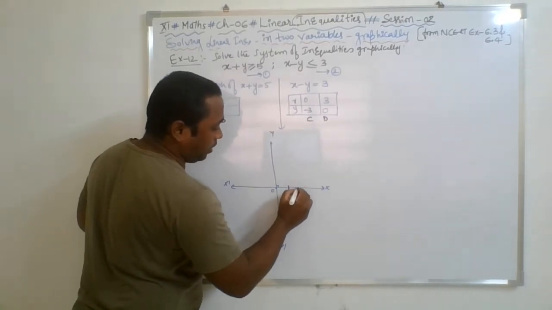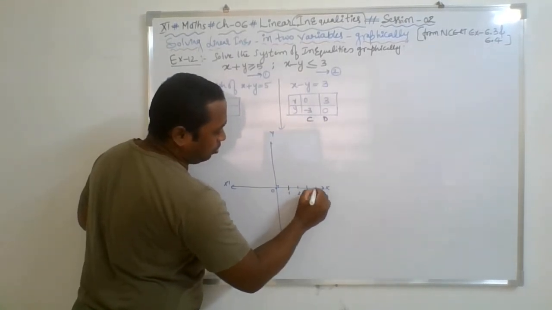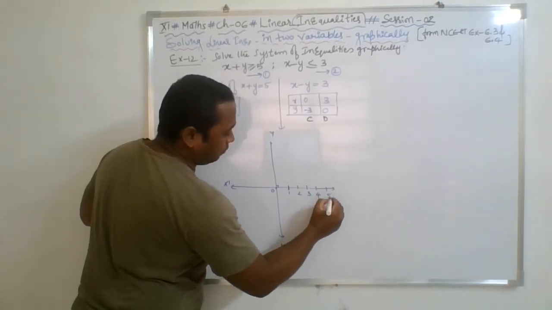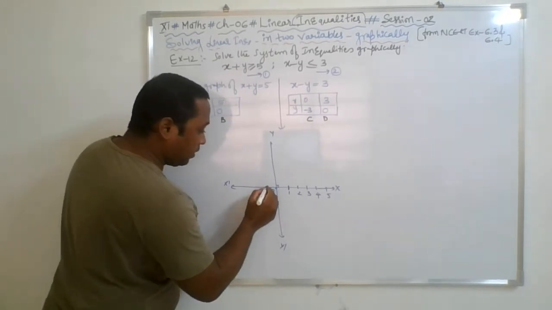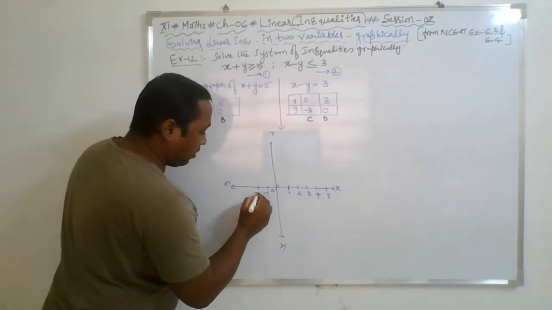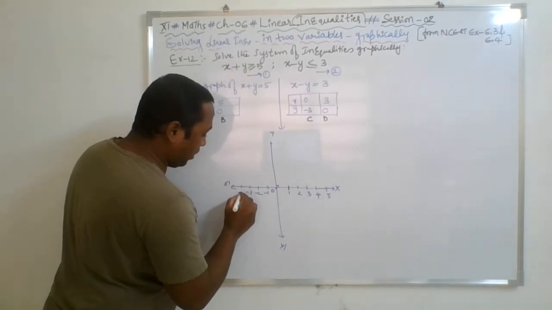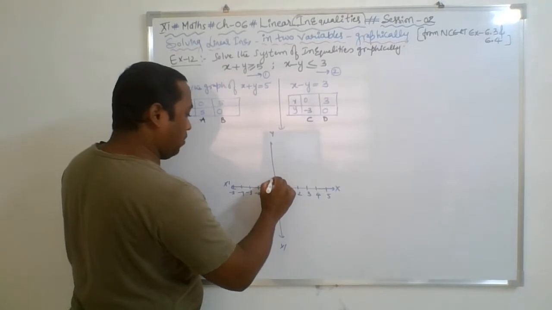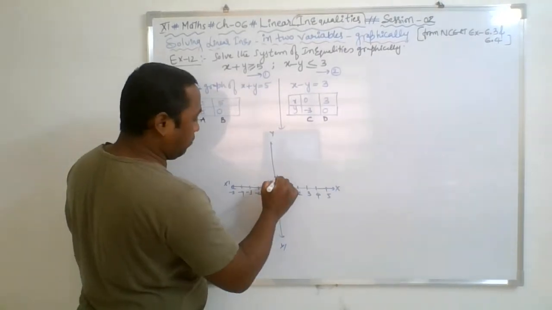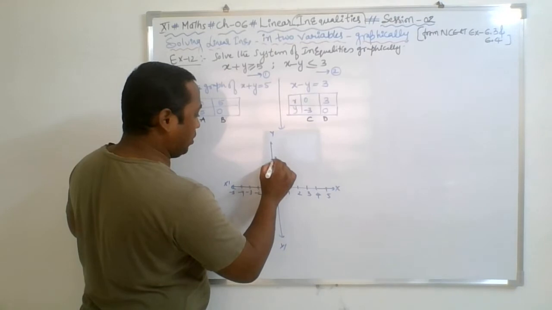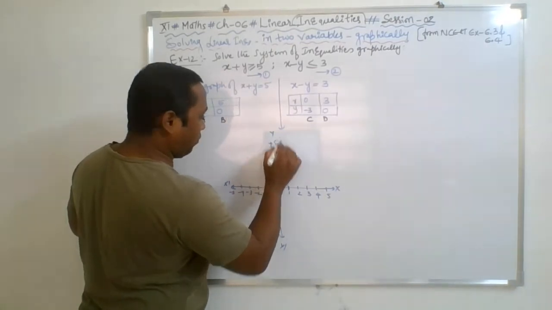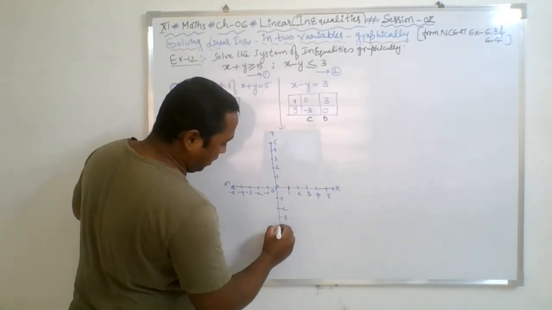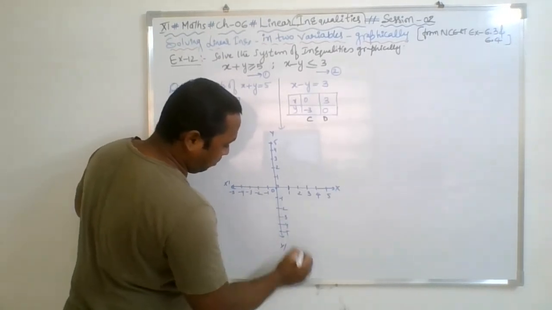So 1, 2, 3, 4, you may extend it properly, 5. Similarly, it is minus 1, minus 2, minus 3, minus 4, minus 5. On the y-axis here, 1, 2, 3, 4, 5. Minus 1, minus 2, minus 3, minus 4, minus 5.